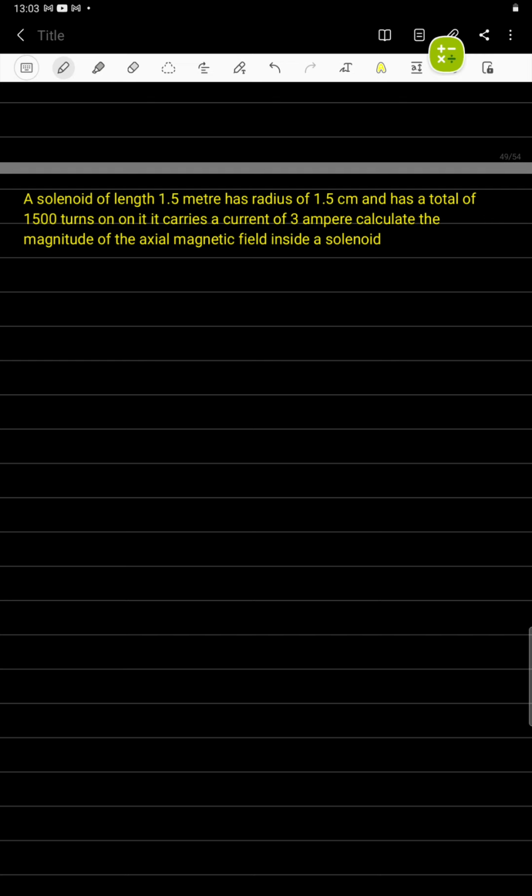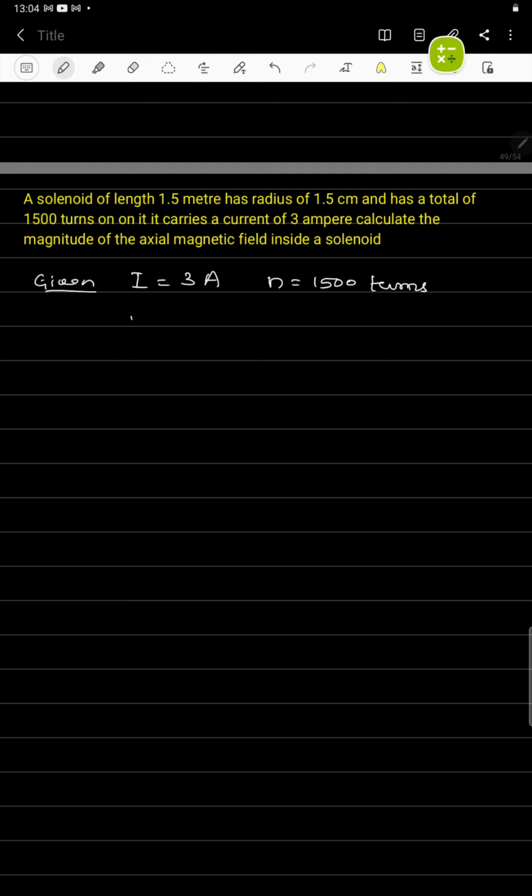Similarly, we need the given values. The current we require, because we'll put it directly into the equation, is 3 ampere. Next, n is given as 1500 turns. If they don't give it per meter, it means it is in meter only.